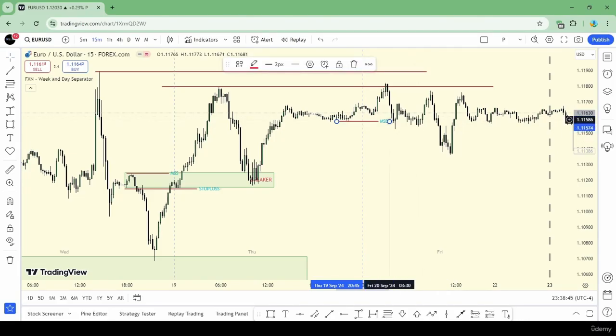So this is where you want to exit your trade. If you had not closed this trade, once the market started breaking market structure to the downside, this is where you would have known that it is in your best interest to start removing your trade.